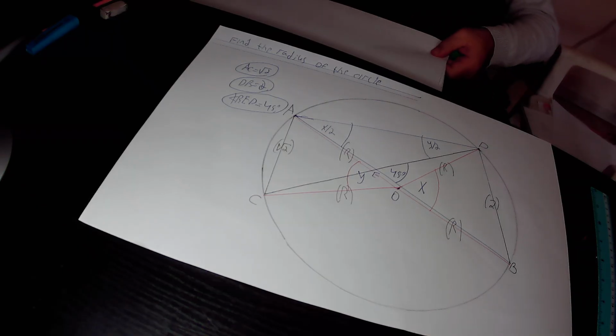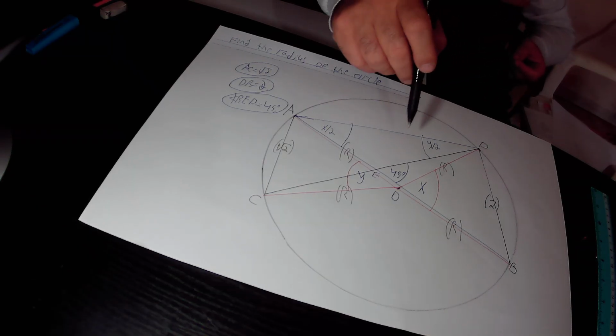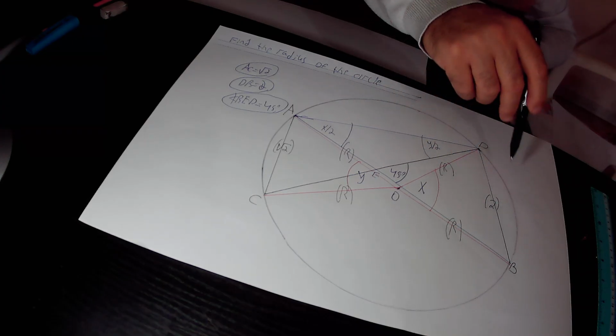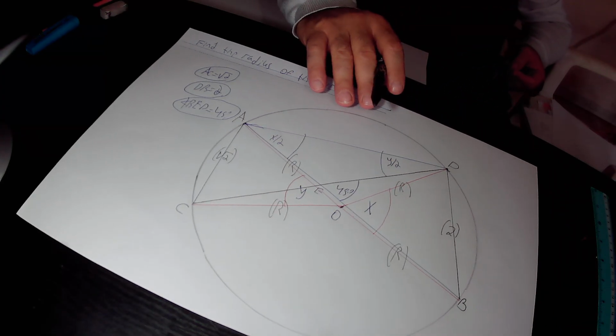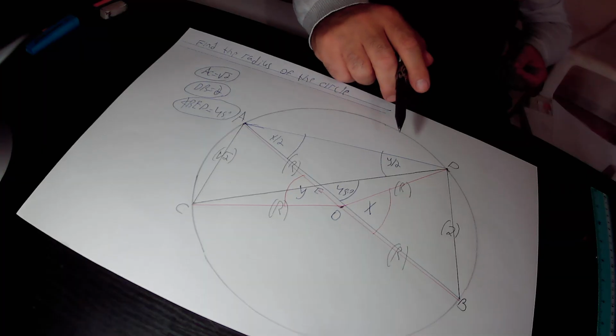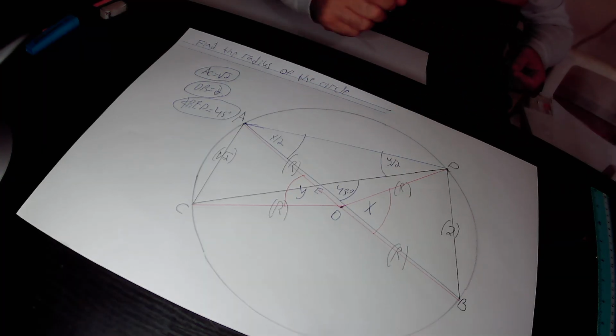In the next step, I'll copy triangle DOB onto a new page, and we will apply the law of cosines in this triangle DOB.